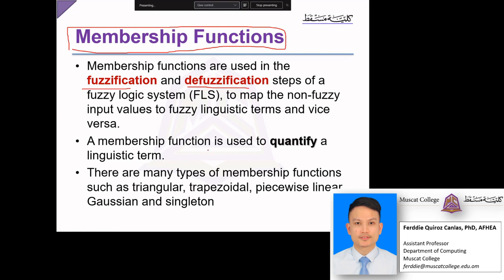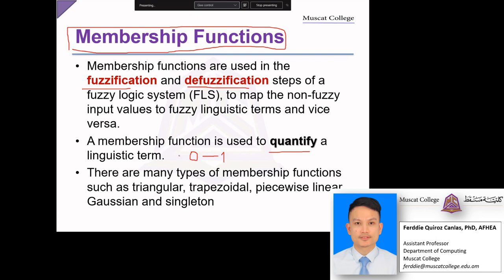Okay, so a membership function is used to quantify a linguistic term. We have to quantify it. Normally, the output of the membership function is values between 0 and 1. This is the result of the membership function calculation.